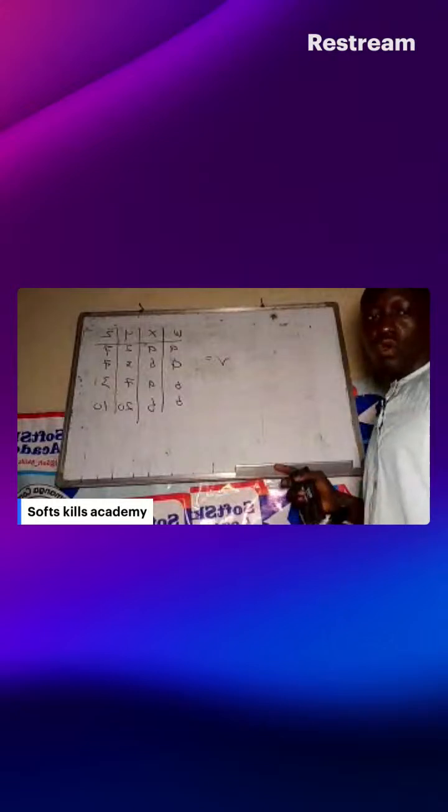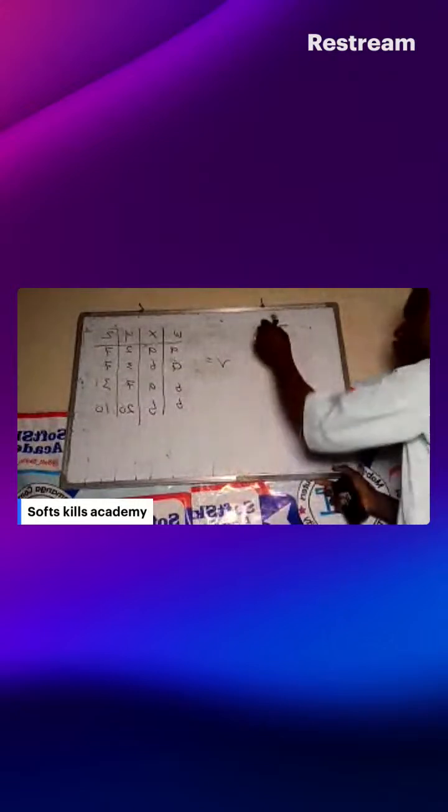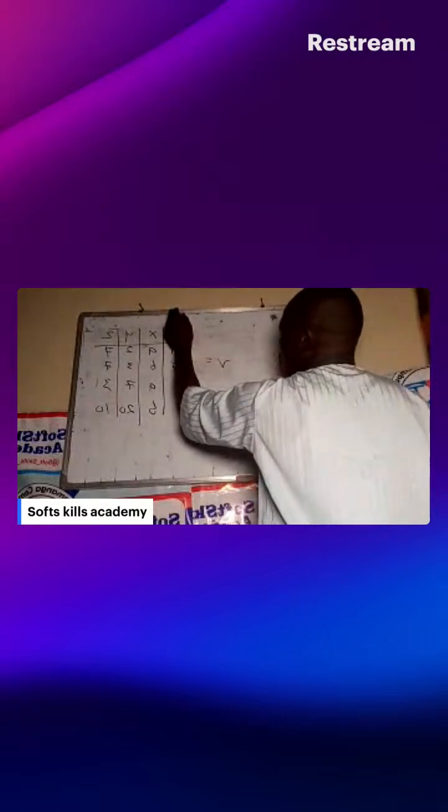So if a relation is given, you should find a selection of a tuple. We use a sigma notation.